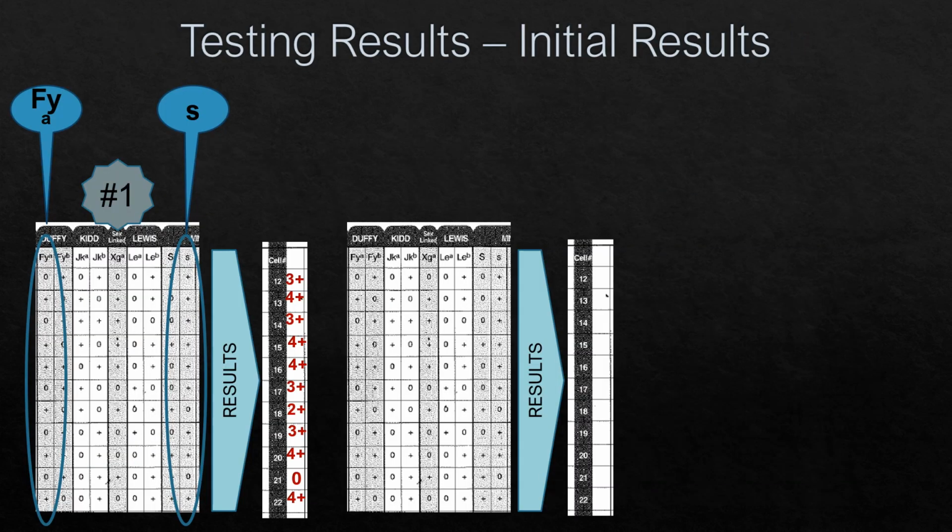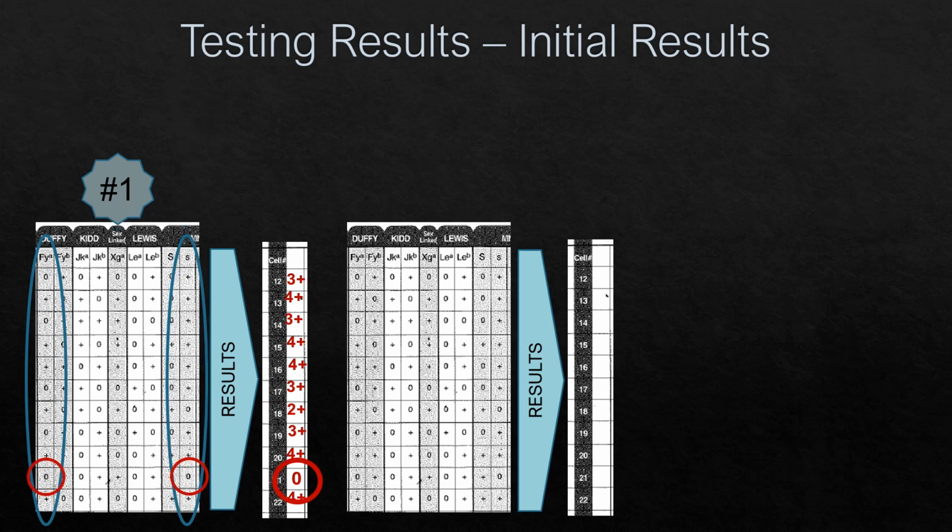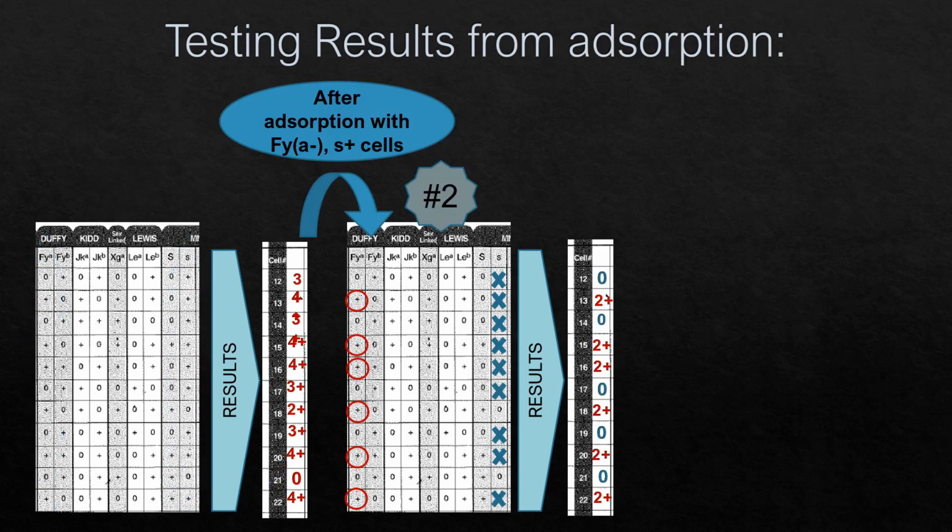So here is the panel results before adsorption. You can see that almost everything is positive, so you only have one rule-out cell. So here you can see cell 21 is the only negative cell. So that adsorption took out all the anti-little s.